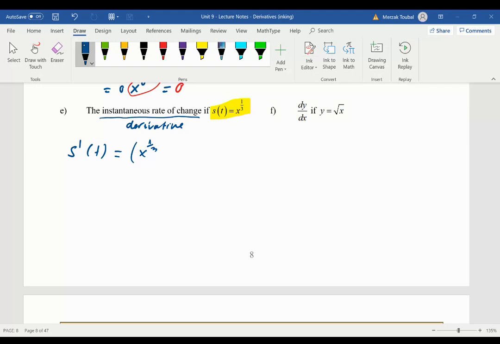We have x to the power of 1/3. So now you move the 1/3, which is the power, times x to the 1/3 minus 1. 1/3 x to the power of negative 2/3.